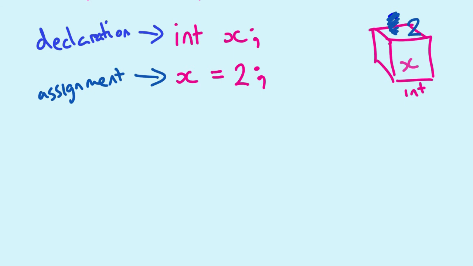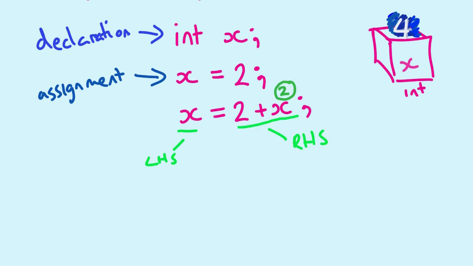Let's have a look at a more difficult assignment. So here we have x is assigned the addition of 2 and x. Now the important thing to note here is that the right-hand side is always evaluated first, and then the value is stored at the location given by the left-hand side.